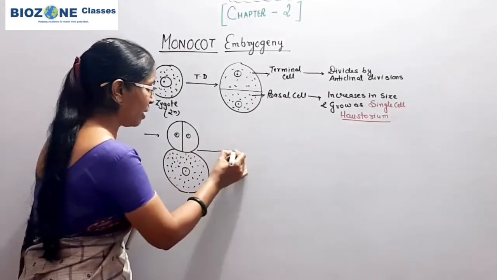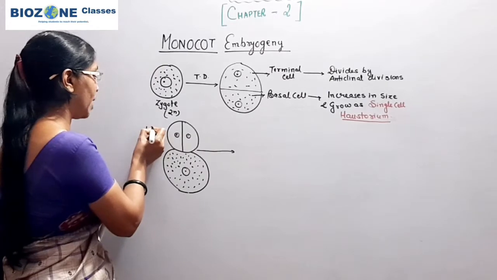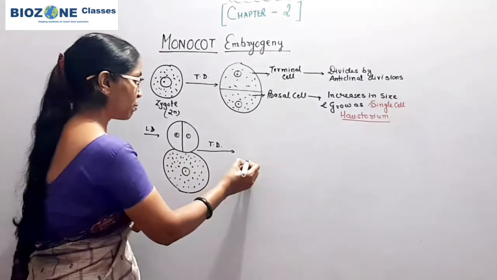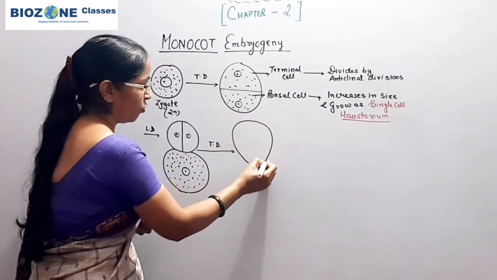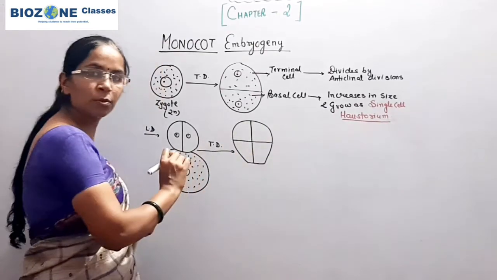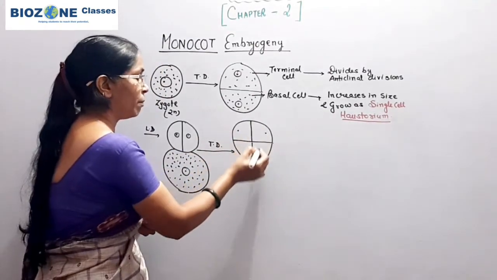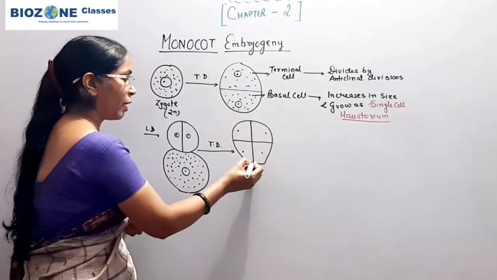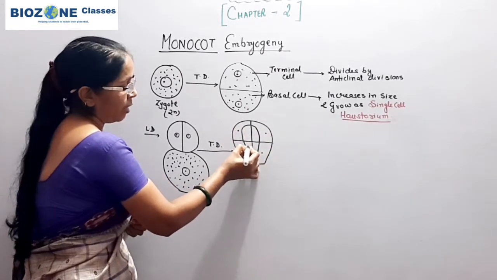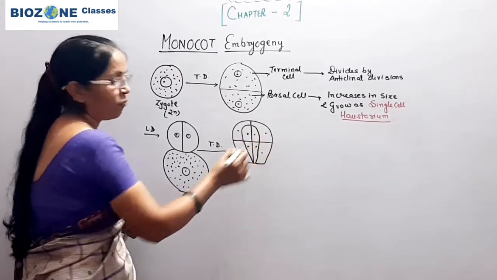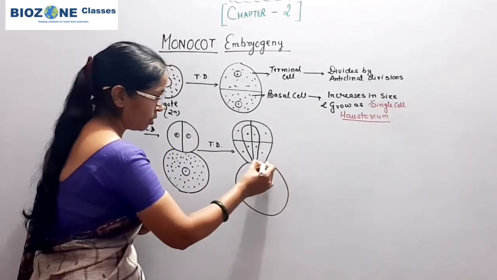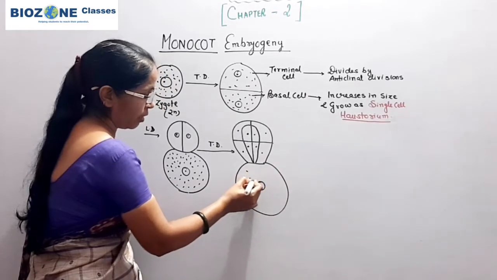Now the terminal cell's next division takes place by a longitudinal plane, and then the division takes place by a transverse plane. Because of that, four cells are formed: second division longitudinally, next division transversely. Again the next division takes place in a longitudinal plane, and the four cells result in 8 cells from a single terminal cell.